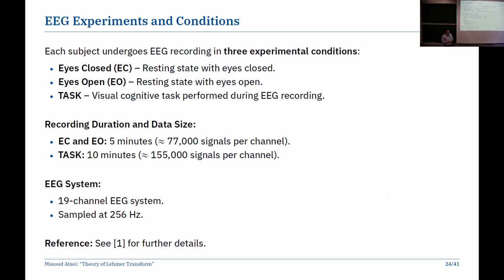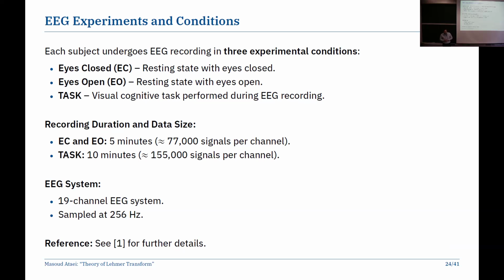Each subject in the study underwent three experimental conditions. The first one was resting state with eyes closed, which captures more alpha waves in the brain. The second one was resting state with eyes open, where the visual cortex becomes more active. And the last one was a visual cognitive task, namely the P300 task, performed during EEG recording.